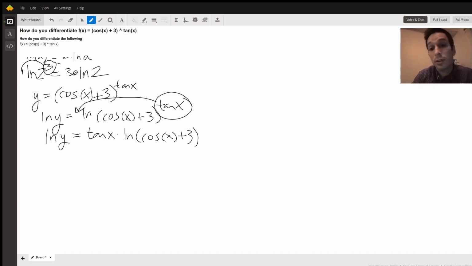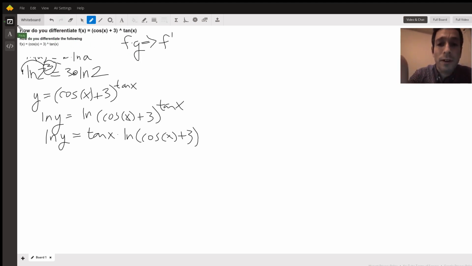What I also love about this problem is that it involves a lot of chain rule. It also involves the product rule. I don't know where you're at with calculus, but if you have f times g, to differentiate that would be the derivative of the first times the second plus the derivative of the second times the first.